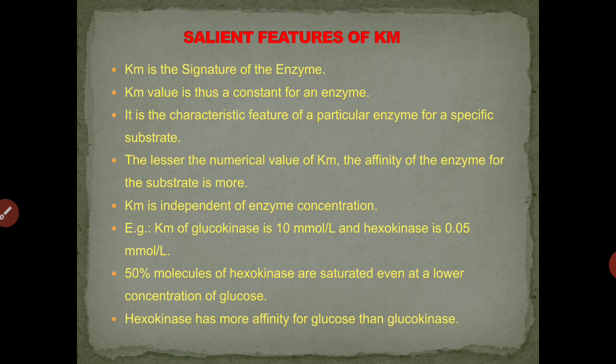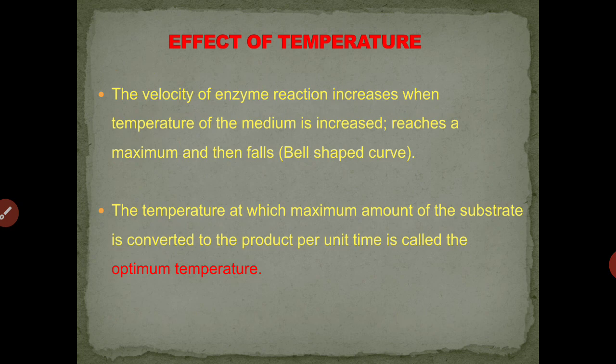So that is how hexokinase has more affinity for glucose than glucokinase, because hexokinase has a very low Km value, that is 0.05 millimoles per liter.